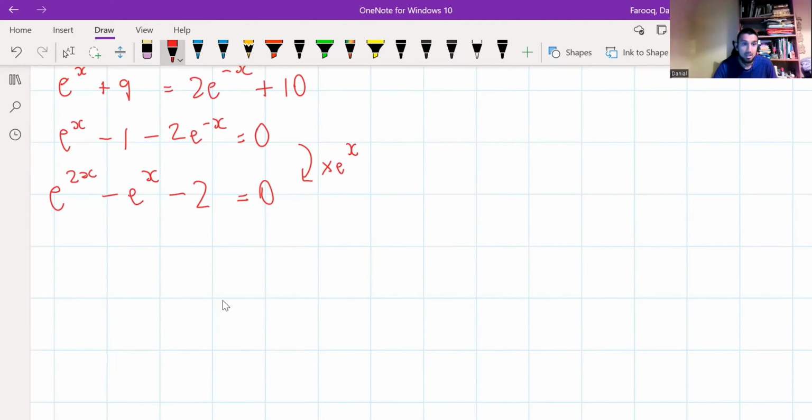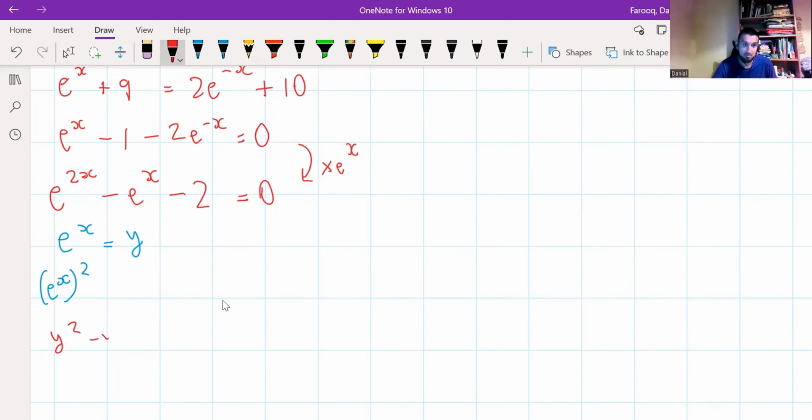And then here we can see that this is in a quadratic form if we do a substitution, which is e to the x equals to y, for instance. So e to the 2x is the same as e to the x squared, yeah? That's why the x times by the 2. So this is the same as y squared because it's e to the x squared. e to the x is y.